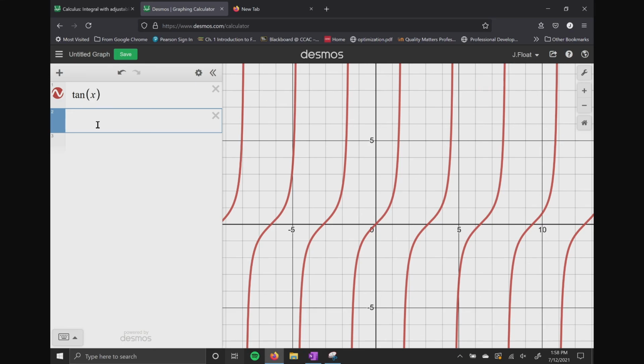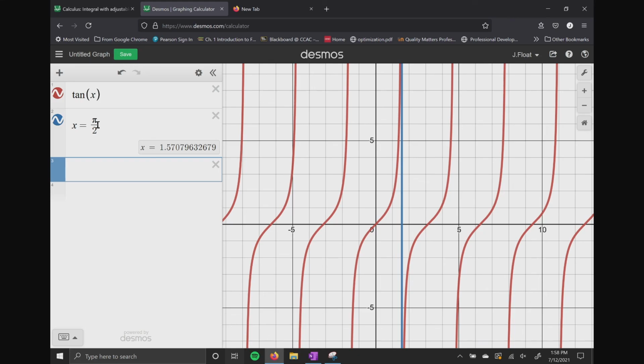I think they're x equals pi over 2. And then the next one is x equals 3 pi over 2 and so forth.